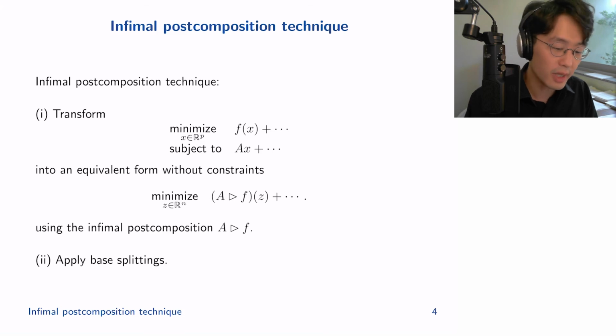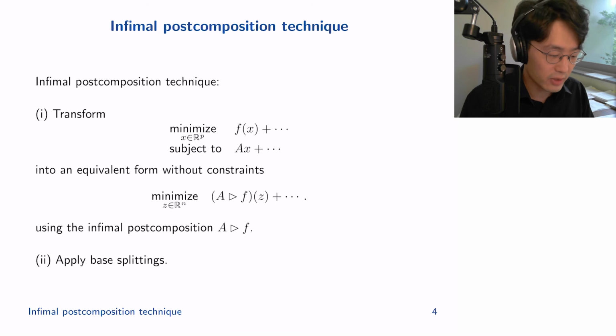In the first step, we take an optimization problem of this form, where we minimize with respect to a variable x, and the objective is expressed as a sum of functions. Here we just write down the first one, f, and the constraint is defined by this type of linear equality constraint. We take an optimization problem of this form, and then we transform it into an equivalent form without constraints involving the Infimal postcomposition.